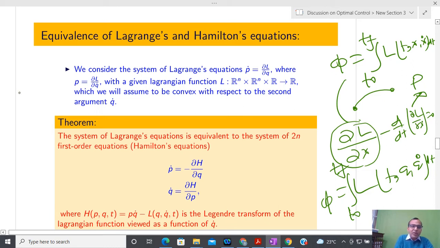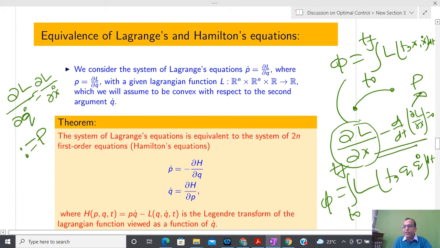Okay, so what I have done, you can think either q̇ or ∂L/∂ẋ, both are the same for me, and I have defined that as p. Now after this definition, it should satisfy the Euler-Lagrange equation, if this particular trajectory x star or q star is going to extremize this function.